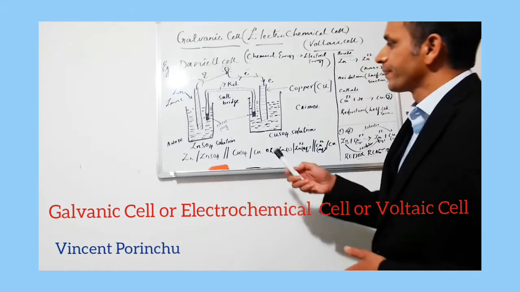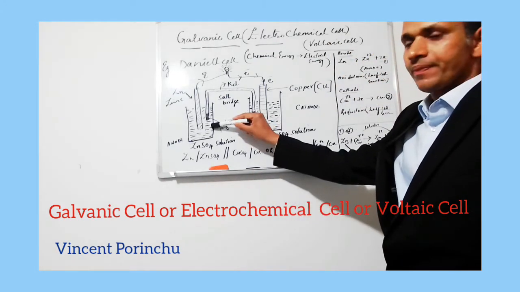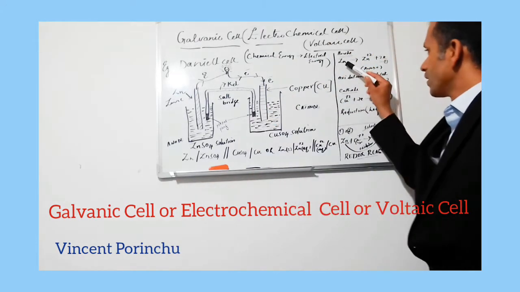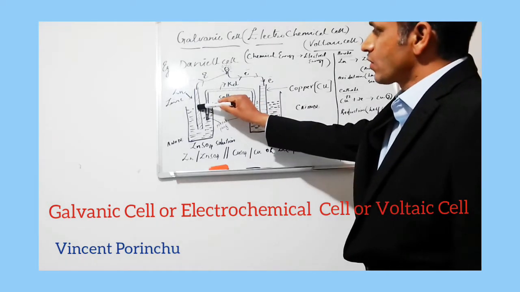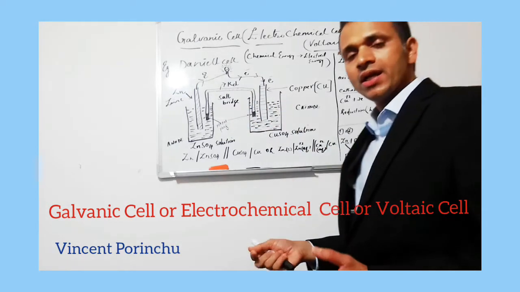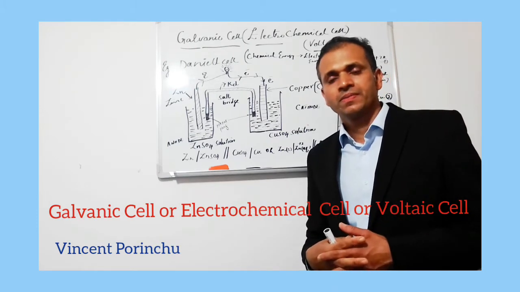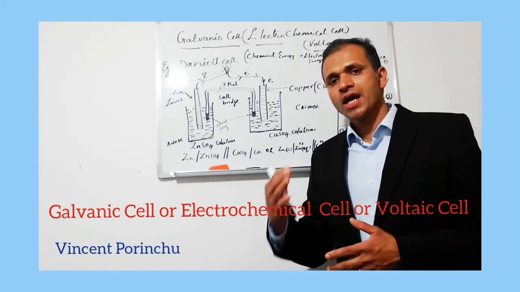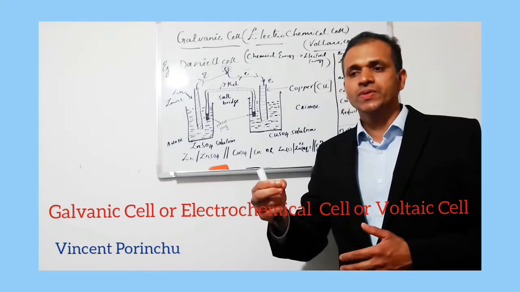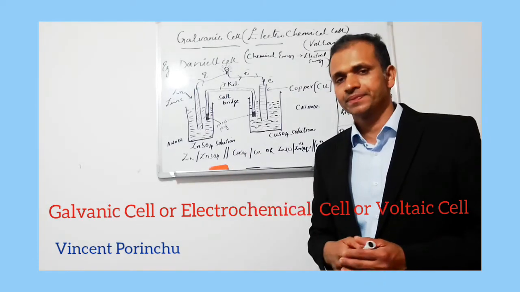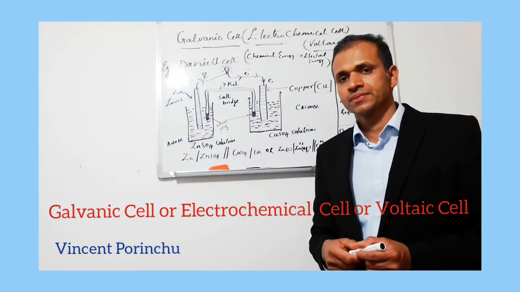So here at the anode, the zinc metal generally has a very electropositive character. So zinc has a tendency to lose its outermost electrons.